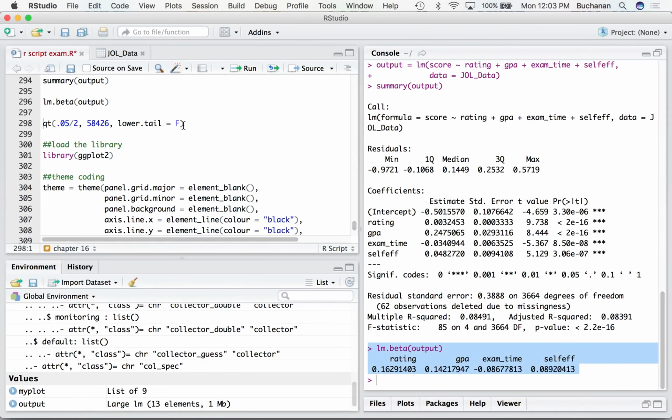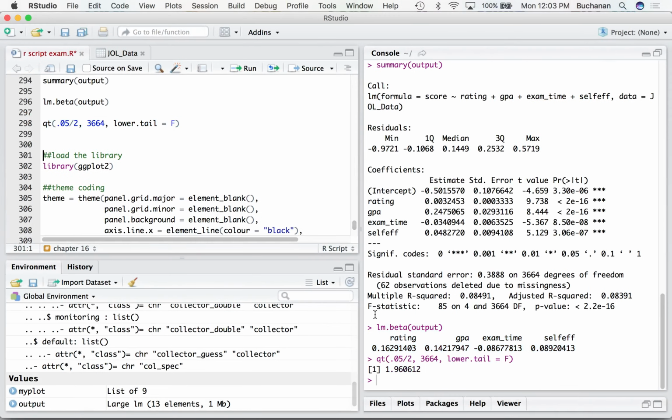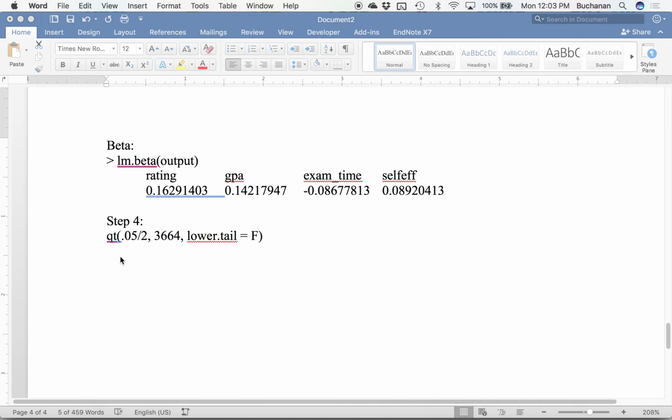Let's come over here and get that. So I got 1.96, I'm just so close, honestly, because it's such a big number. So I've got plus and minus 1.96.